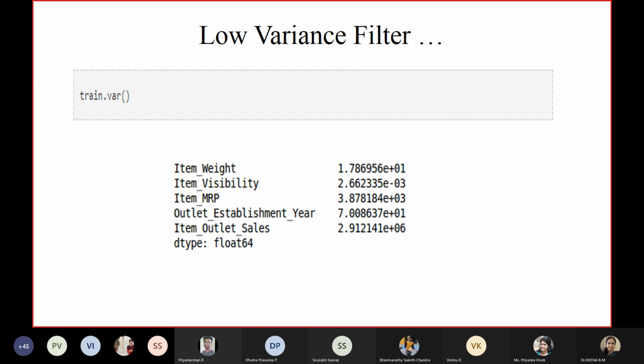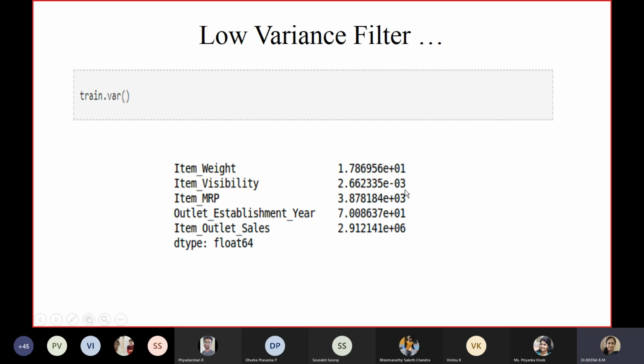Item weight and item visibility are contributing less, so we can drop that column. Item weight also, you want to drop item weight also? Because it's low variance. No ma'am, it is one. Yes, in this case, you are right, you are absolutely correct. And here there is a variable called item visibility.